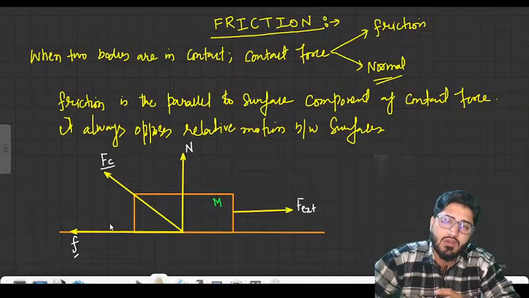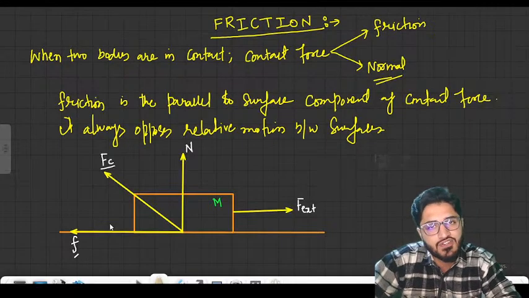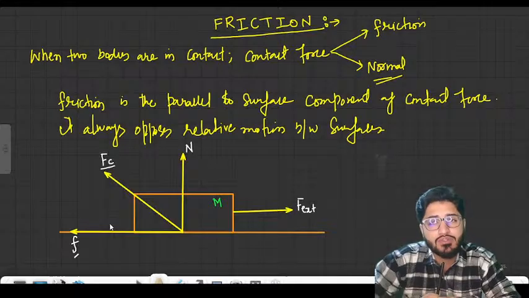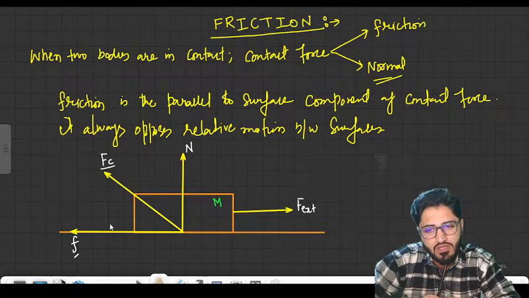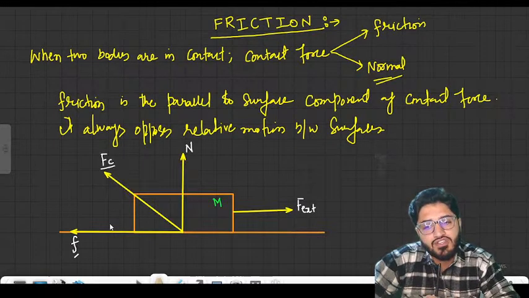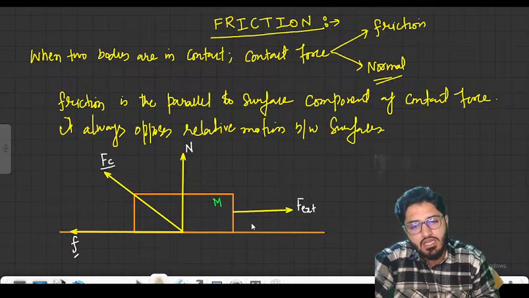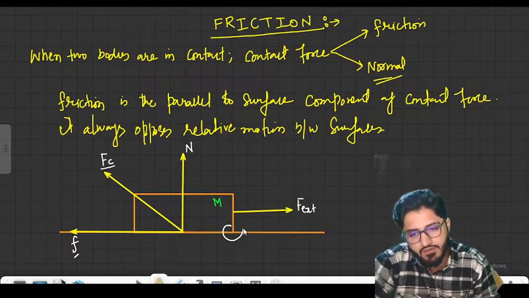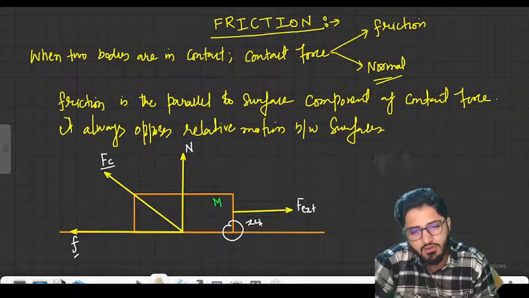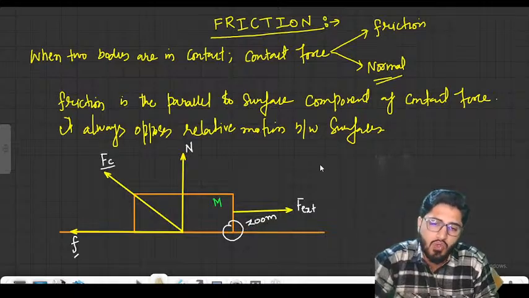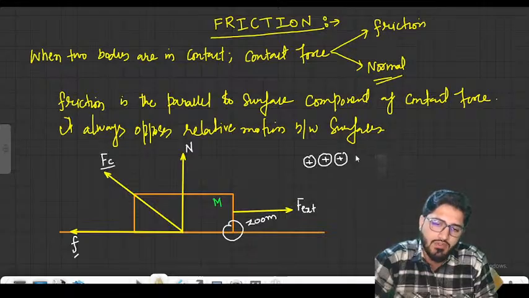Now there is a question: why is there friction? What is the root cause of friction? If we zoom in here, you will find two layers of objects, one layer this one and one layer the smaller one.